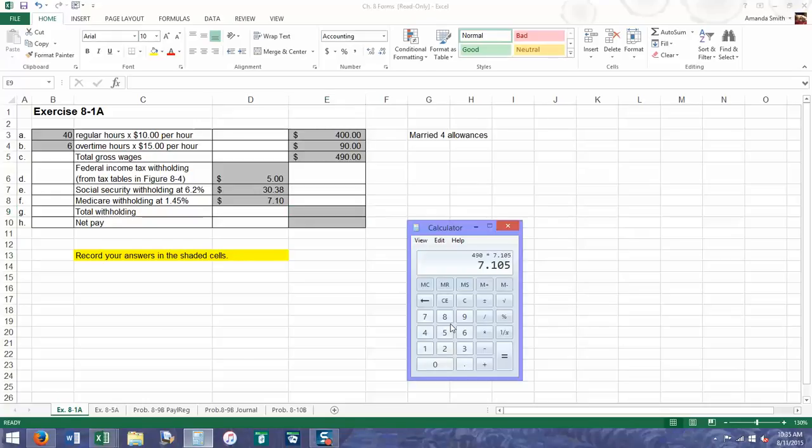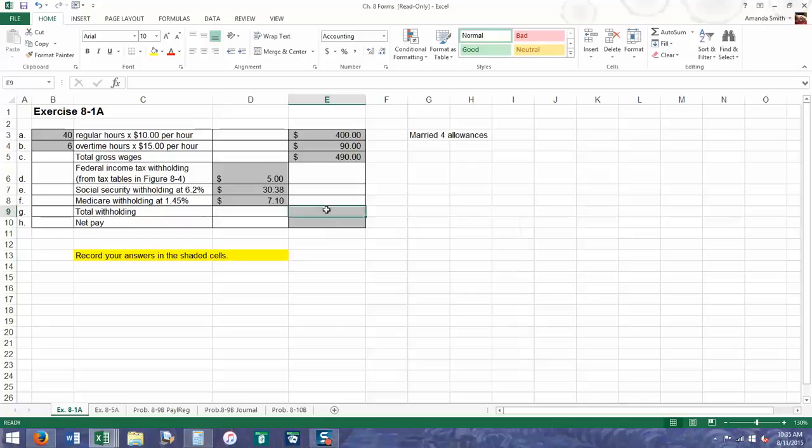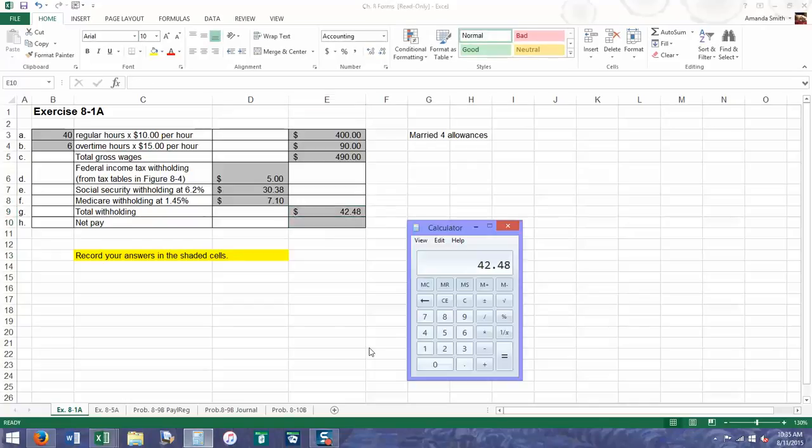So now we're going to add up all of our taxes. So we have $5, $7.10, and $30.38, which is a total withholding of $42.48. Net pay, we're going to take the $490 and subtract the $42.48.